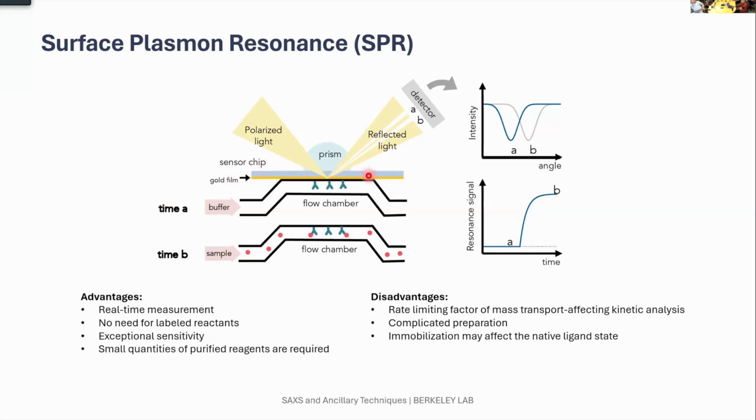Specifically, we have a sensor chip with a gold surface, and on that gold we have our protein or some nucleic acid attached. Once we flow an analyte, like a small molecule or another protein, and it attaches to the protein that is attached to the sensor chip, we get changes in the plasmon coming from activation by light. Basically, light activates electrons at the gold surface.